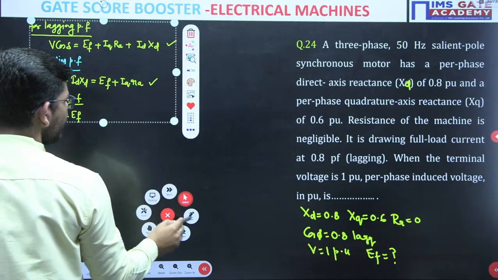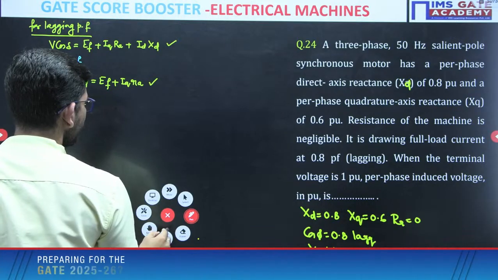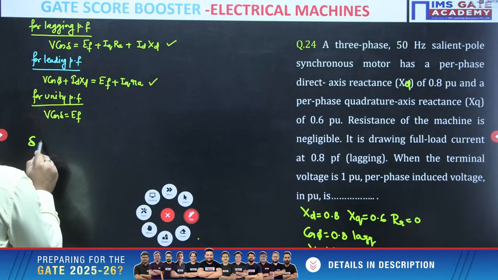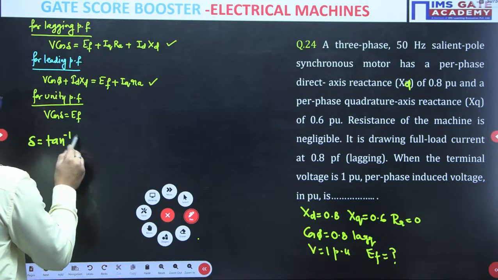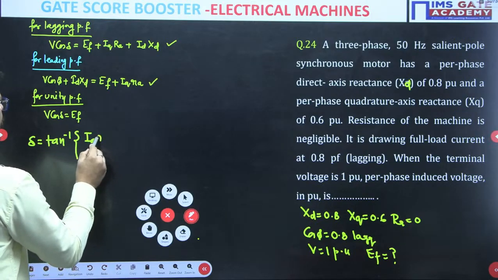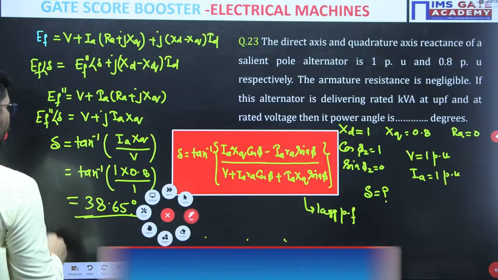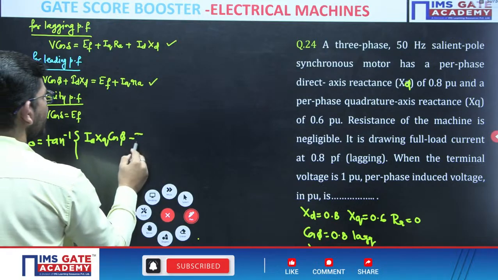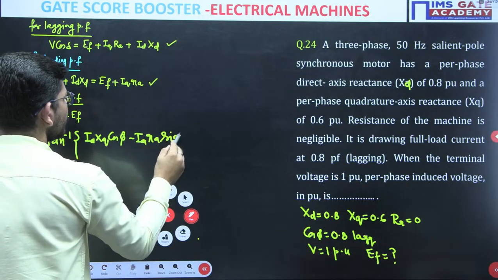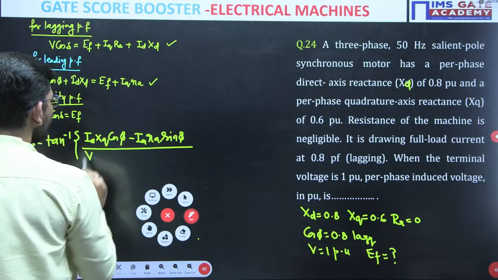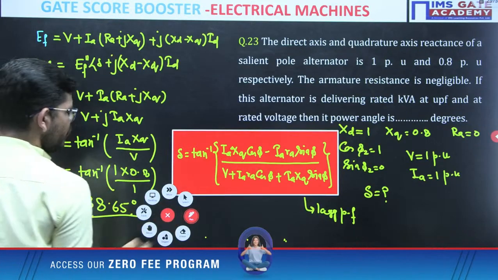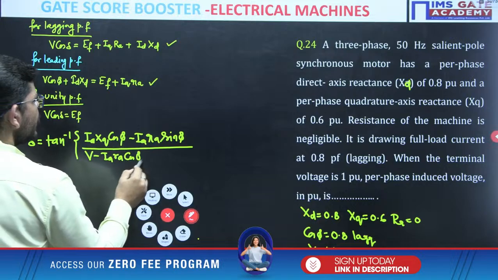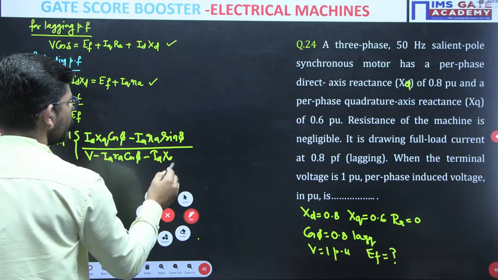So why don't we calculate del first of all? How to calculate del? That's very easy. Just now we have written the formula. So del will be tan inverse of IA xq cos phi minus IA RA sin phi divided by V. Here it was positive for alternator, now we will write negative, V minus IA RA cos phi, because it is a motor, into IA xq sin phi.